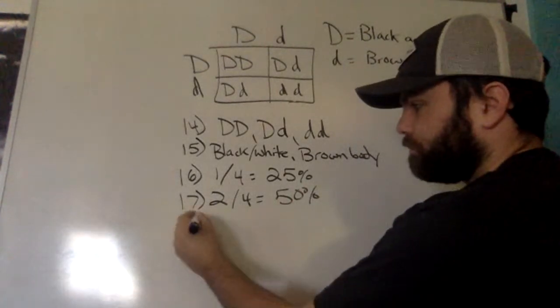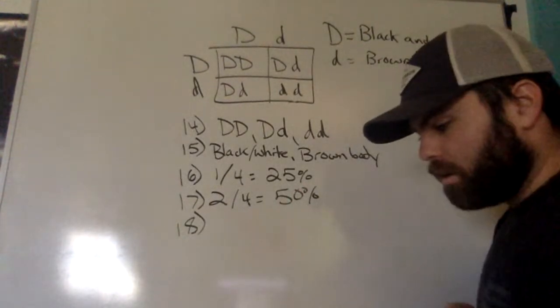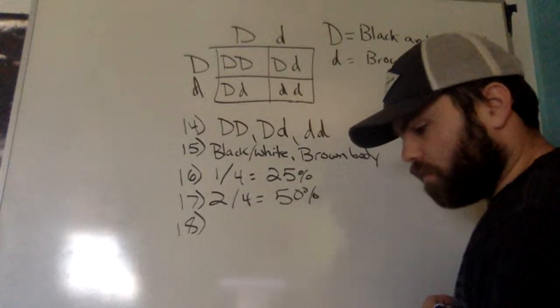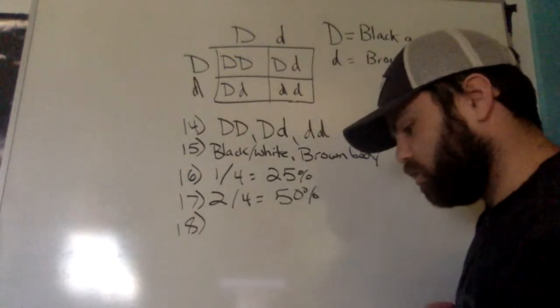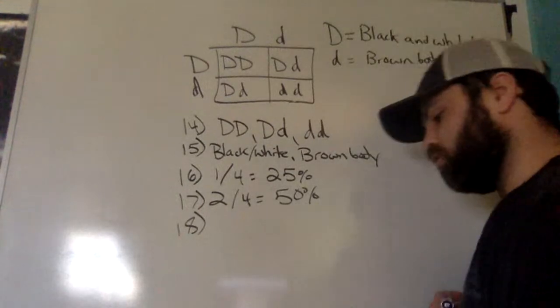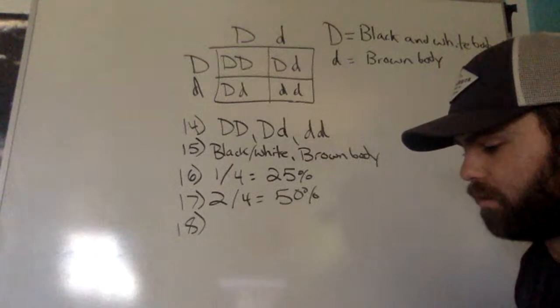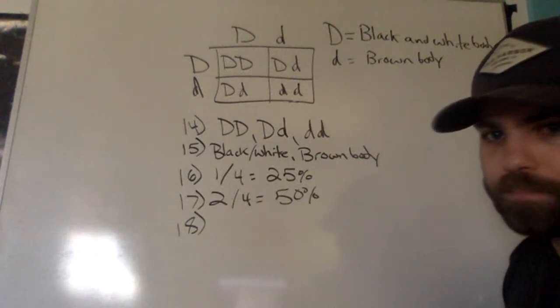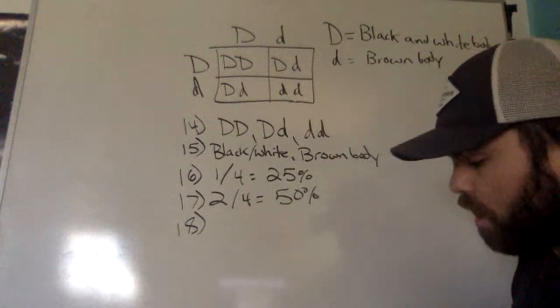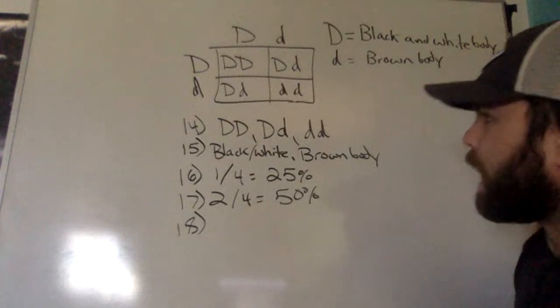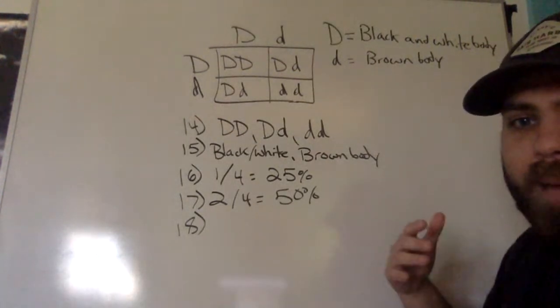Now we go to 18. What is the ratio of homozygous dominant to heterozygous to homozygous recessive? So now we have to do the whole ratio thing. It's going to be like a fraction. Homozygous dominant, we're looking for the same capital letter.